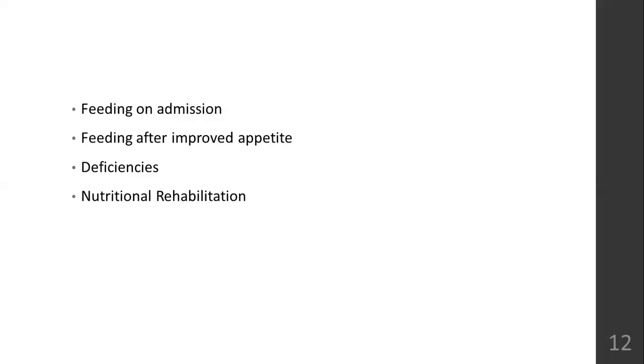Anemia can be corrected with iron, either with blood transfusion or iron supplements during the rehabilitation phase. And nutritional rehabilitation during the ward days: slowly you have to make sure that the child is catching up with the growth.